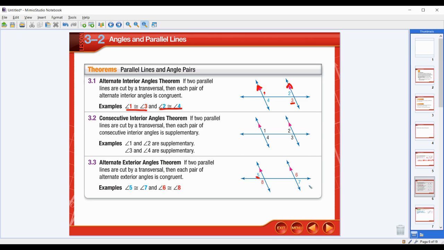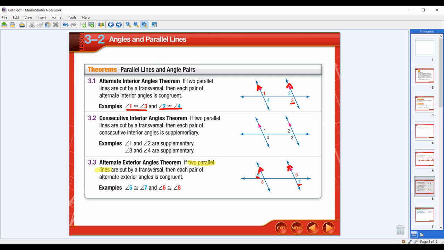We know that 5 and 7 are alternate exterior angles, and since these lines are parallel, our alternate exterior angles are congruent. And again, I want to make sure we all understand the reason we can say this is because we have parallel lines. If these lines were not parallel, we would not be able to say this.